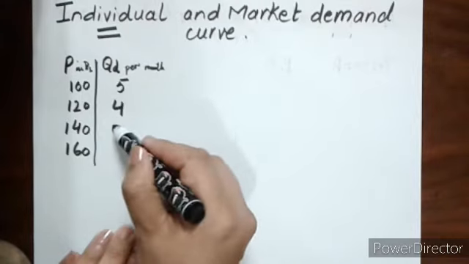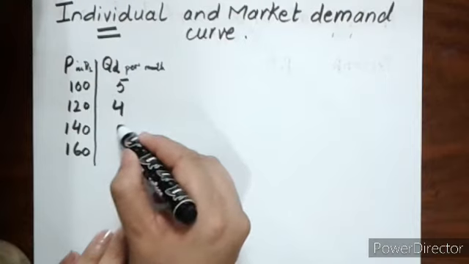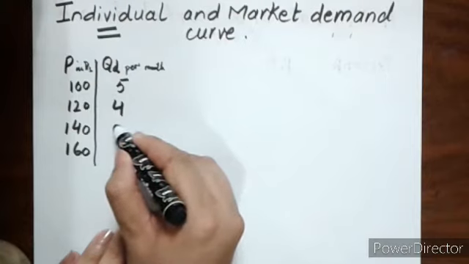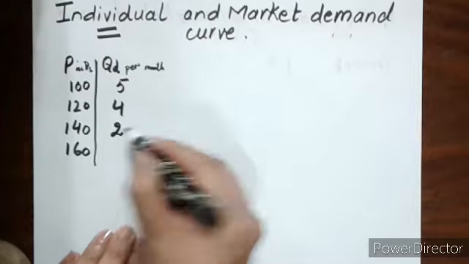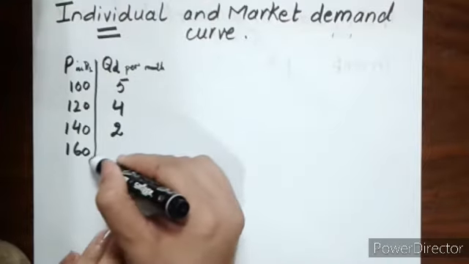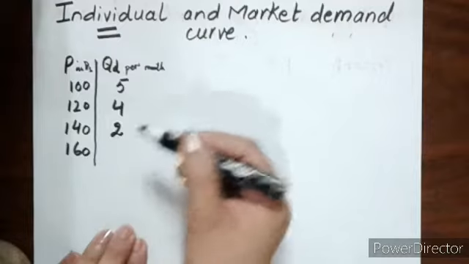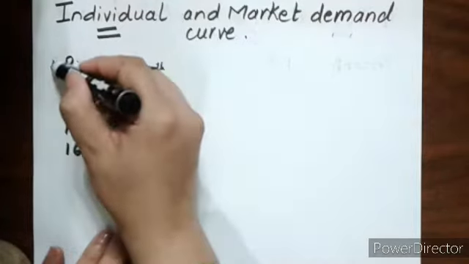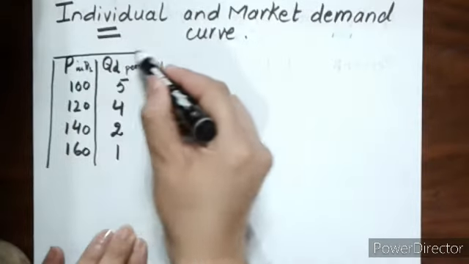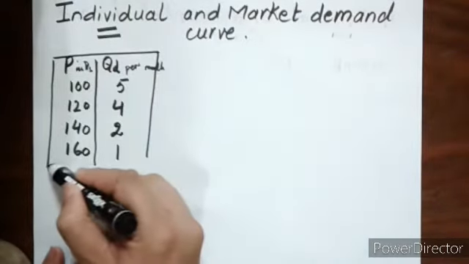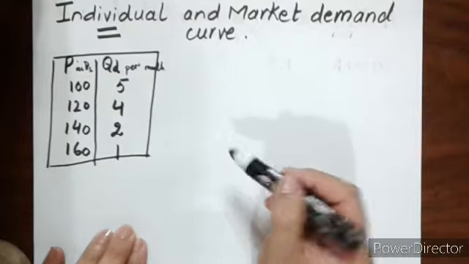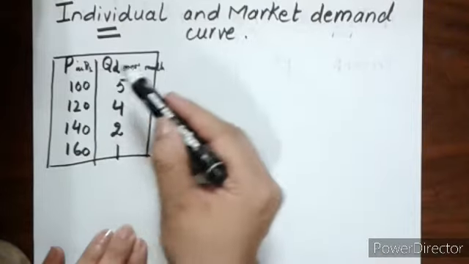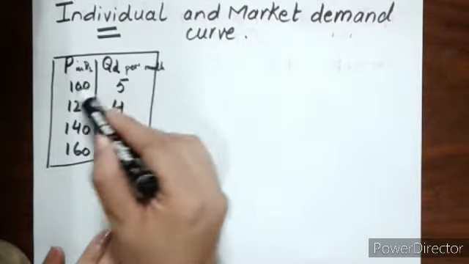At 140, it becomes a little expensive for him, so he purchases 2. And on 160 rupees price, his demand falls to 1. So basically, this is an individual demand schedule which shows price of a commodity and quantity demanded at each price.